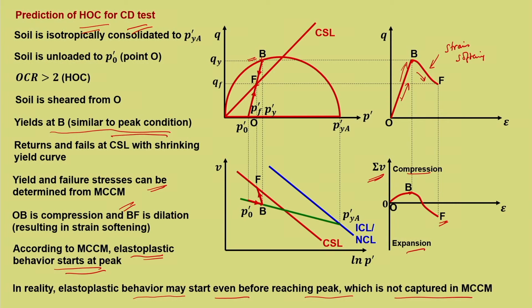All the time the model may not represent the actual behavior, but it is a fairly good approximation to say that the elastoplastic behavior more or less sets in at the peak, because that is where the dilation would have started, that is, the yielding would have started. Now, exactly the peak may not be correct, but it will be around that peak. So, that is what I just need to point out, those differences when you try to idealize the shearing behavior of soil using MCCM.